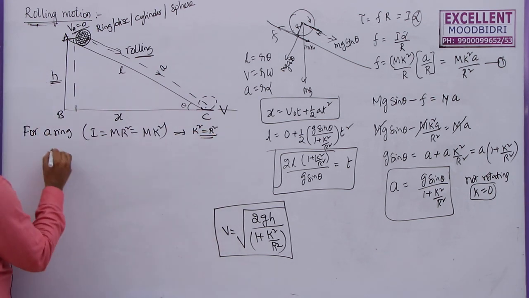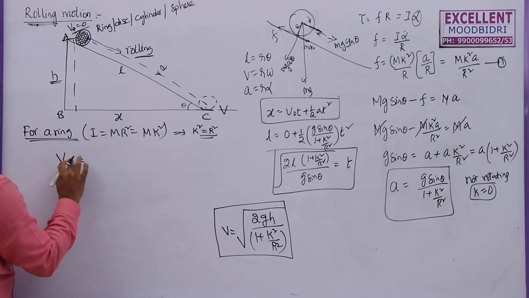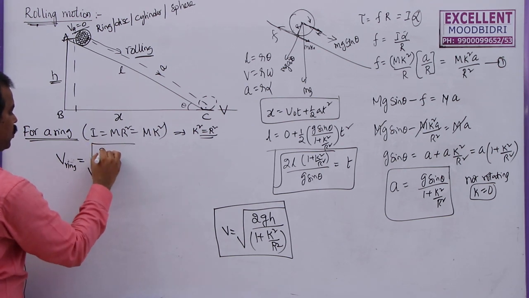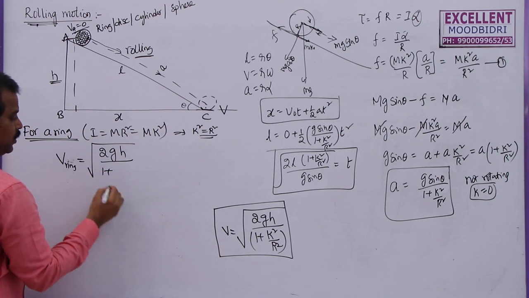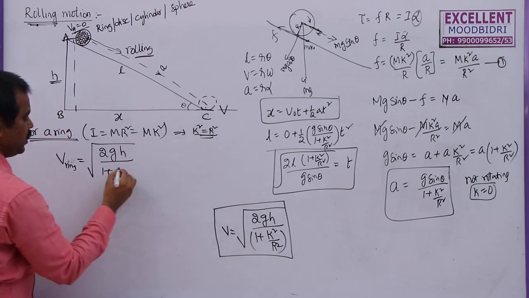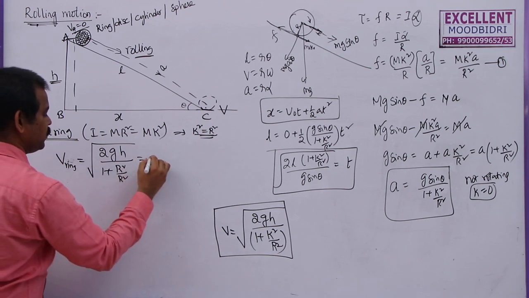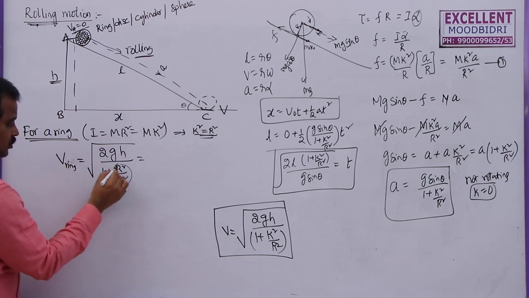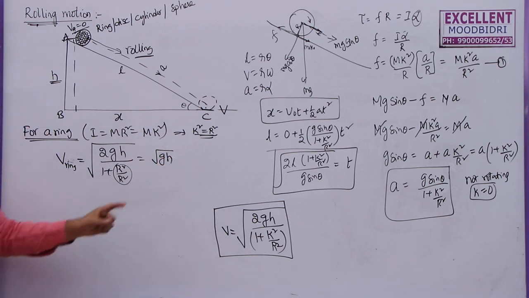Now, what is the velocity for a ring on reaching the ground? V ring is given by root over 2g, constant, h is the height of this one, by 1 plus k square by R square, which is R square by R square. So this is 1 plus 1, the 2 gets cancelled. So the velocity of a rolling ring on reaching the ground will become root gh.